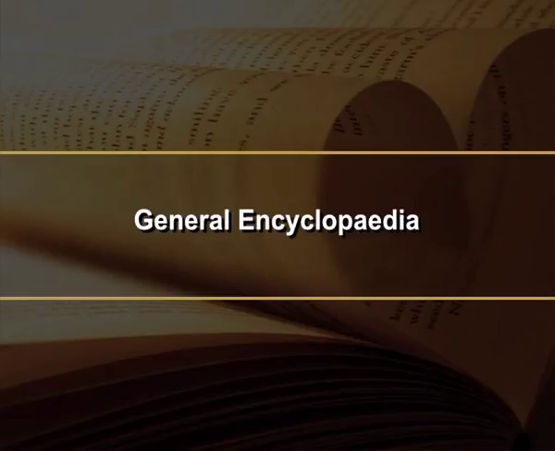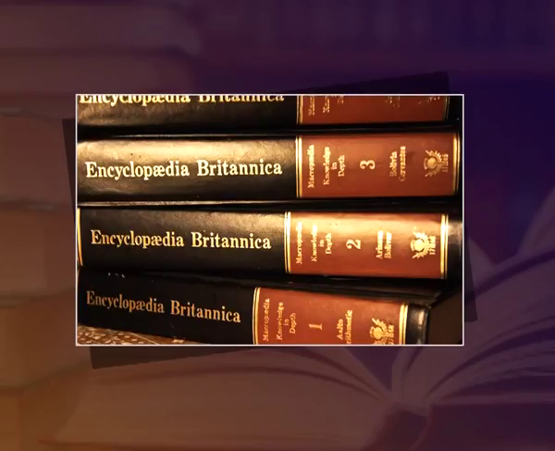General encyclopedia. General encyclopedias cover a wide range of topics in the form of short articles written by knowledge experts. Due to the number of topics covered, the information contained in volumes has limited depth but gives enough information to provide keywords and possible sources for further research.